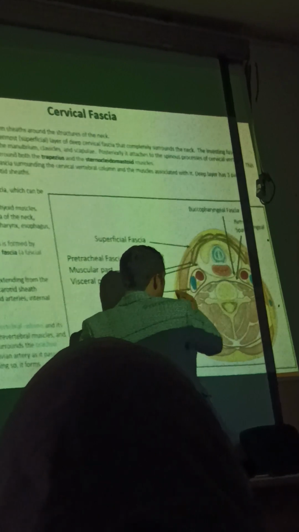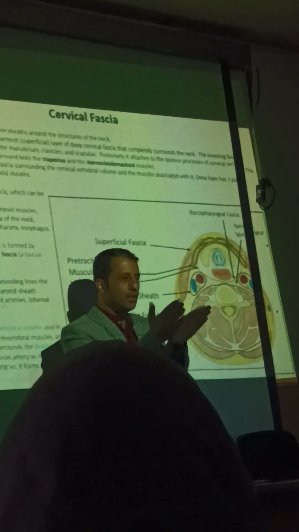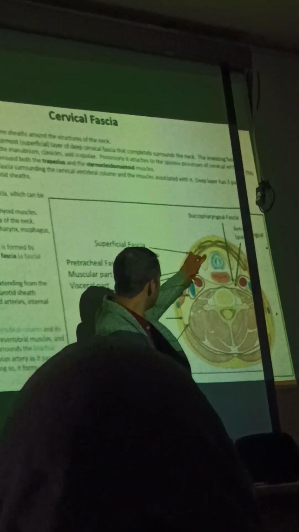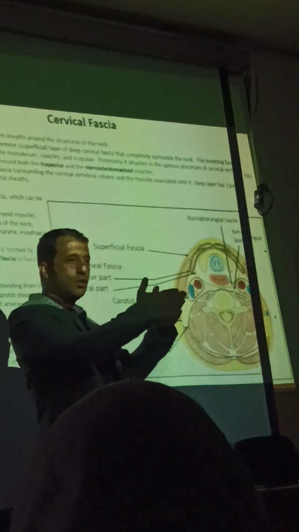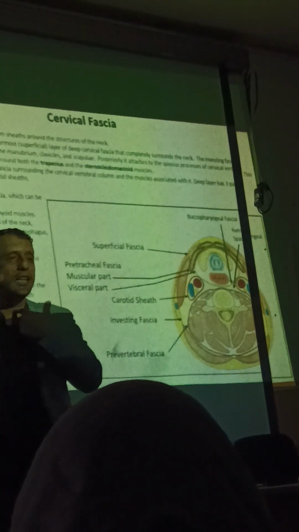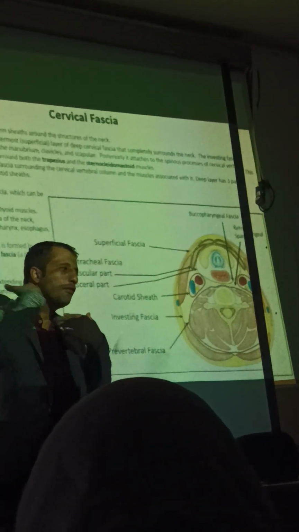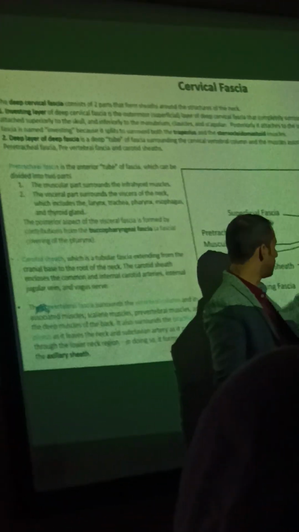When reaching the SCM muscle, this layer separates and covers the SCM muscle, and anterior to SCM, these two layers attach together again to the midline, attached to the investing layer of the other part. Okay? So, the investing layer of the deep fascia covers trapezius and SCM.